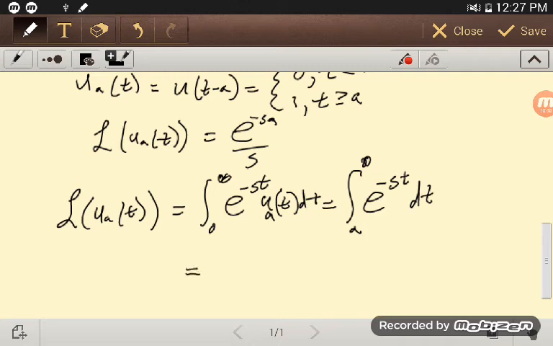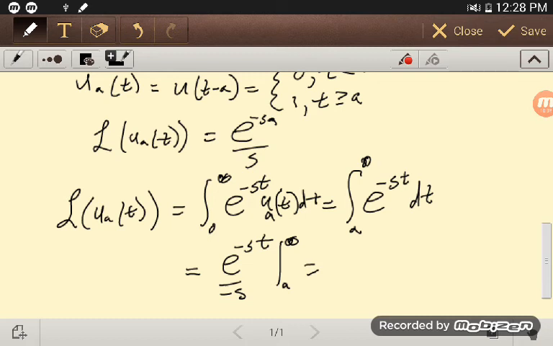Then I do that integral, and that's e to the minus st over minus s, from a up to infinity. When we put infinity in there, as long as s is greater than 0, we get 0. If s was 0, I guess we get 1.